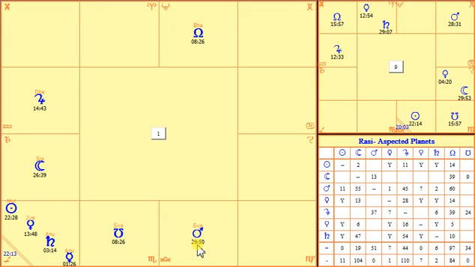And we can look at the 3rd lord in the Navamsha. And what do we see? We see that the 3rd lord, Saturn, goes into Aries, an odd sign, and Mars itself is in an odd sign.